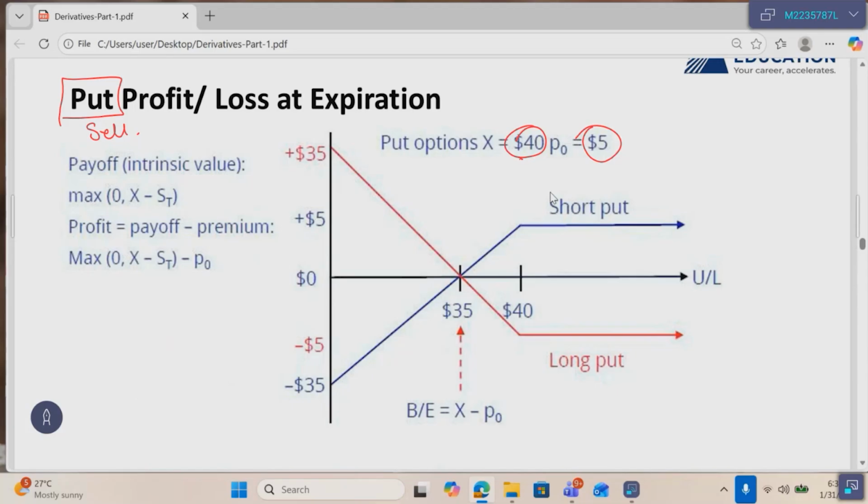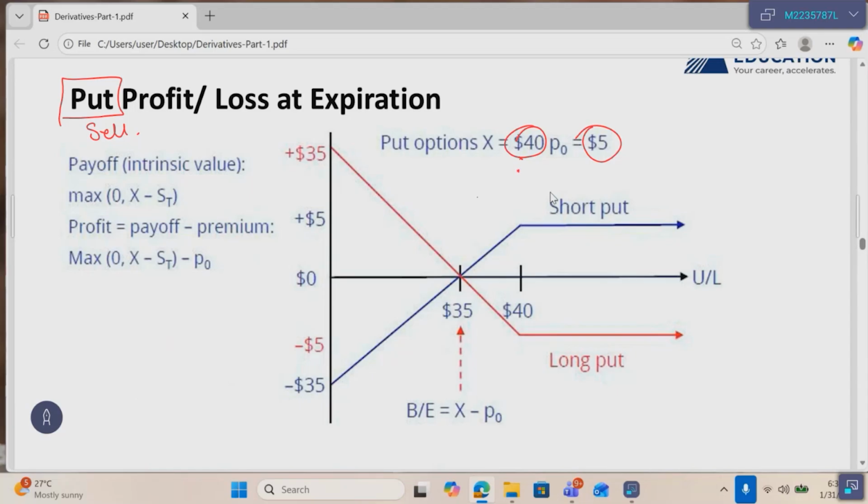Say I'm selling at 40. If the market price is 45, will I sell it? No, I'll go to the market and sell. So the market price should be 30, 20, or 10 for me to exercise, right or wrong?